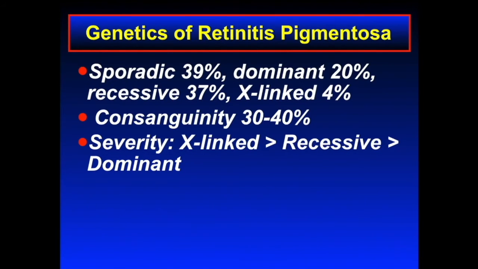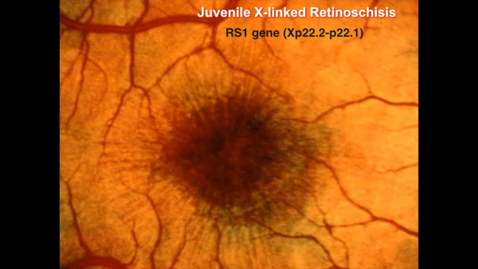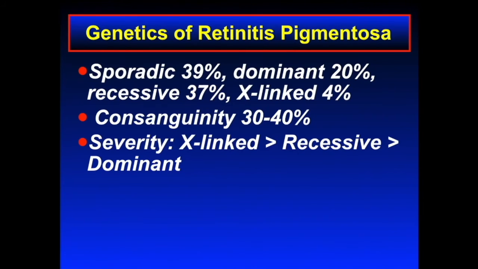This is important. Note that 39% of patients with retinitis pigmentosa don't have a family history.